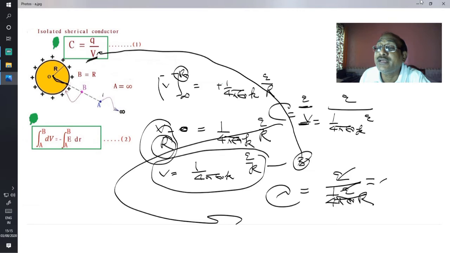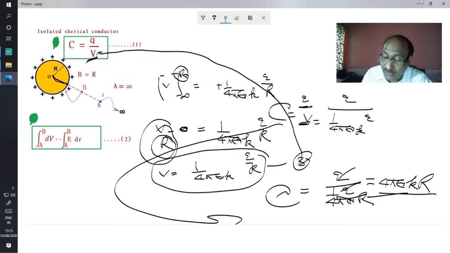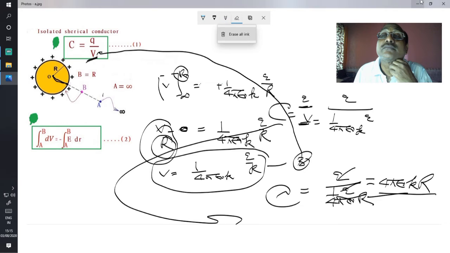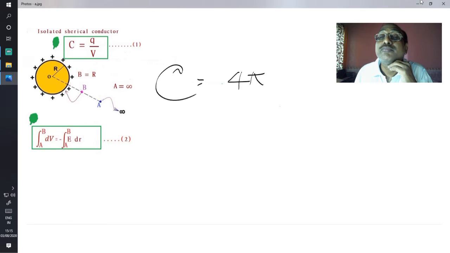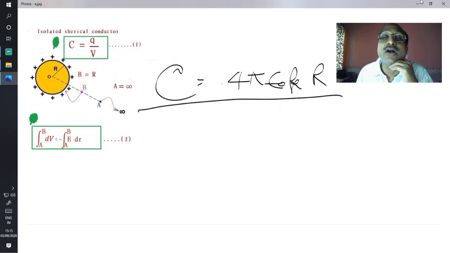You will find 4 pi epsilon naught K into R. Therefore here we find C equals 4 pi epsilon naught K times capital R.